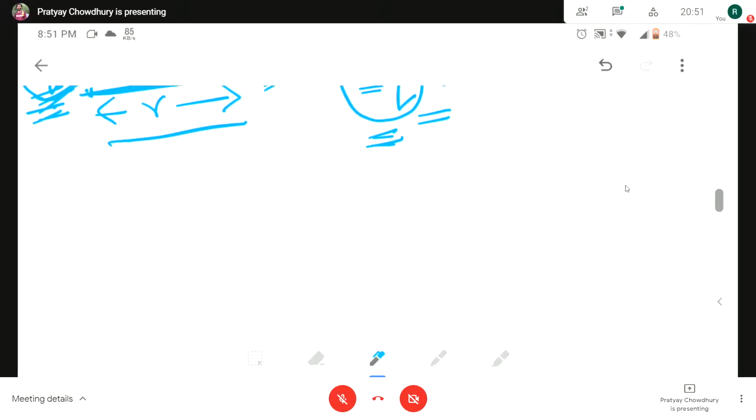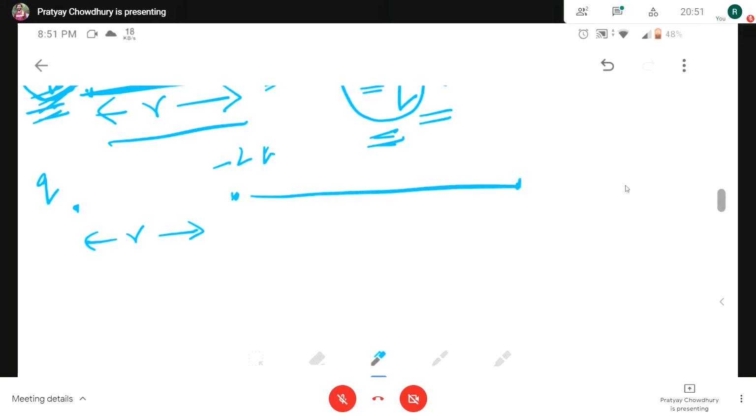Let me draw it again. 2 points for q and minus 2q. This is r, and we have to think of a point which is outside this distance. Suppose from this point to the point where the forces get neutralized is x distance apart, and here is the charge q.